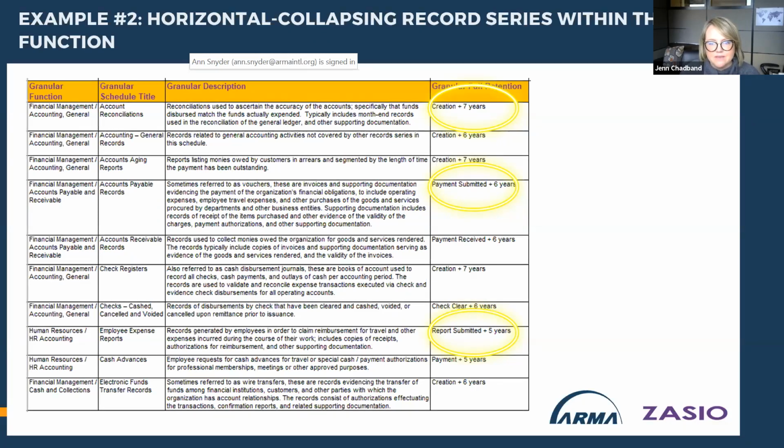So I think that when you get into some of these functions and you go through, the focus really should be on where are these more granular processes interrelated or similar, and where do they have similar retention periods? Those are the two, I think, main areas for focus when you're trying to determine record series that would be appropriate for combining. Okay.